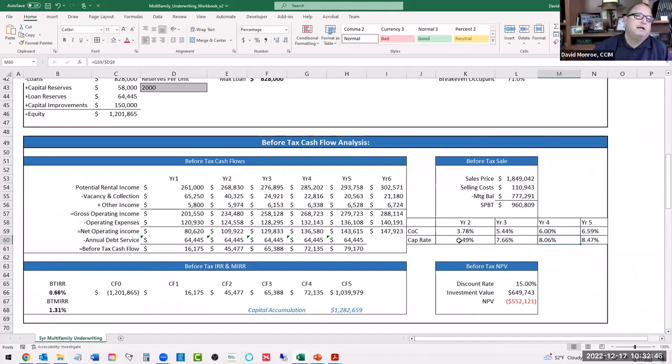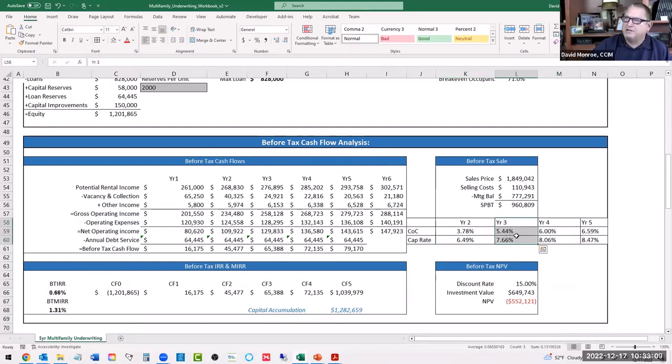Okay, so here's where we can start to determine if I'm looking for a 7 cap or a 6 cap. If I'm getting a loan at 6.75, I want at least a 7 cap. If I'm looking for a 7 cap and I'm willing to buy it on pro forma, can I get at stabilization? And I'm assuming year 3 is stabilized in this model.